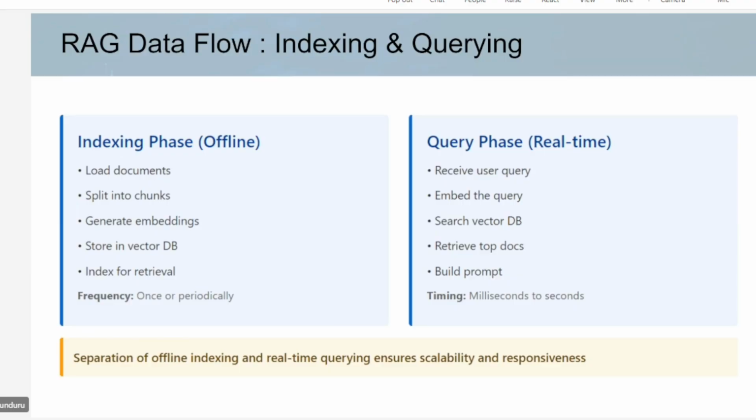That is a one-time activity, but that can be dynamic also. The indexing phase can also be dynamic. For example, the backend data we have may be dynamic, or on a day-to-day basis a lot of documents are coming in.